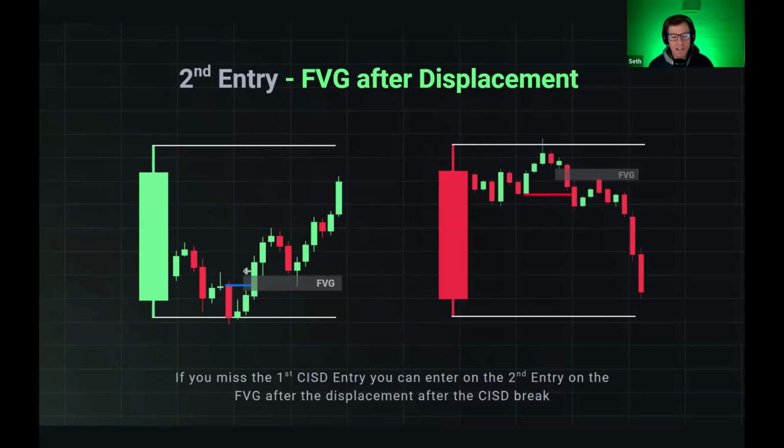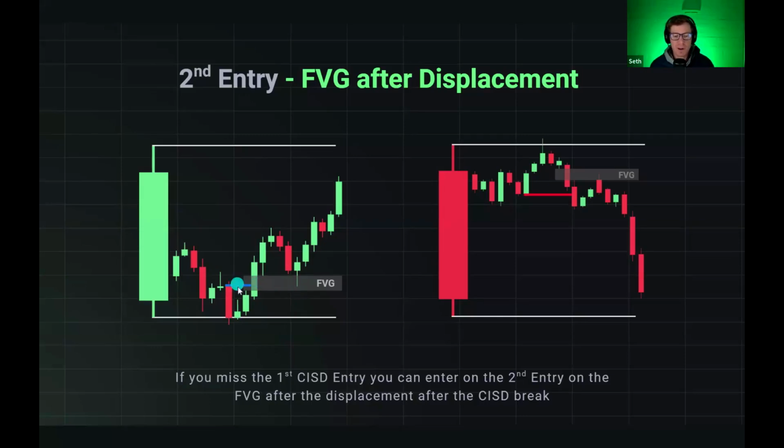So if you don't want to enter and you want to wait for the retracement, oftentimes when it breaks the CISD, it will form displacement. You'll see displacement is often accompanied by this break of the CISD, because of the manipulation of price going down and coming back, it's forming this strength of volume, which leaves behind these imbalances. Oftentimes price will retrace back to this fair value gap. So that will be your second entry.